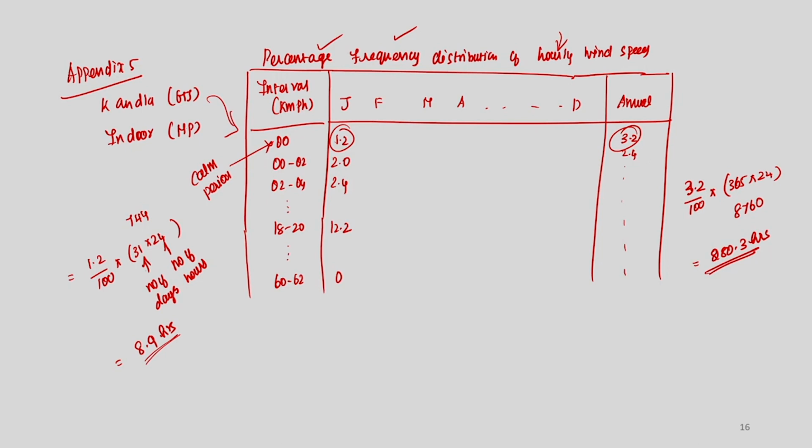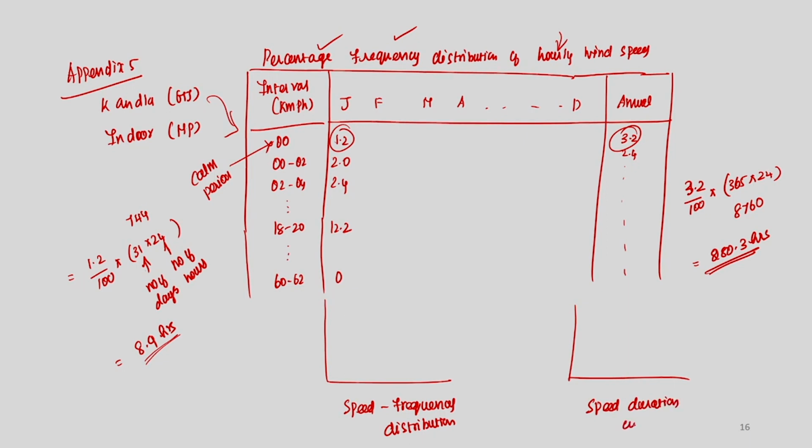So, this data one can get, and if you want to represent it in terms of a graph, then there are two methods. One is the speed frequency distribution, and the second one is the speed duration curve.